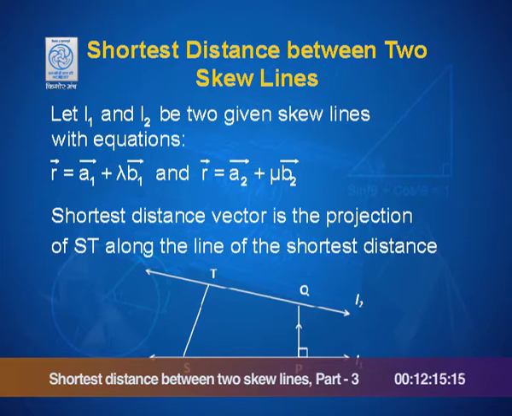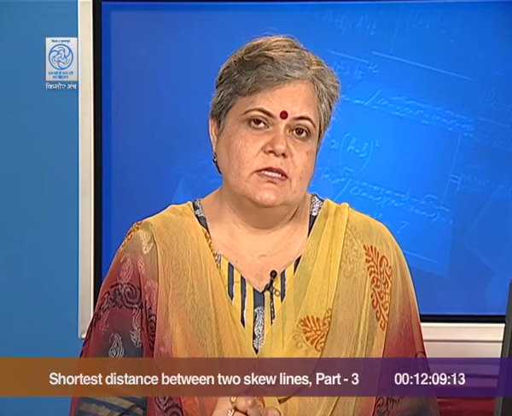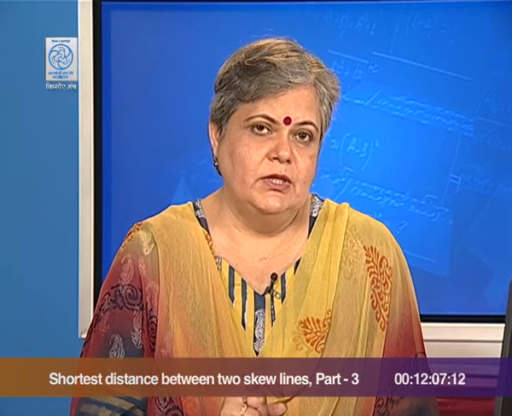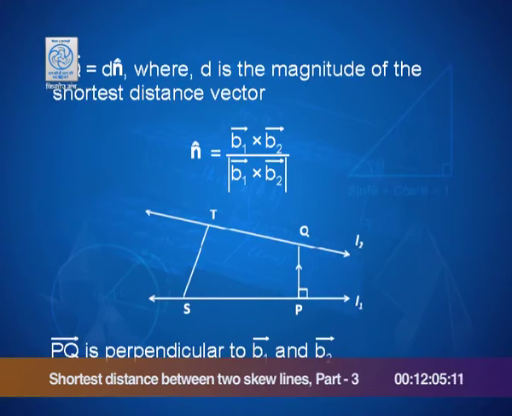So, the projection of ST is what I am interested in calculating, and for that we first determine the vector PQ. Now, vector PQ is a vector which is perpendicular to both L1 and L2. In magnitude, it is say d units, the magnitude of the shortest distance which we are in search for.